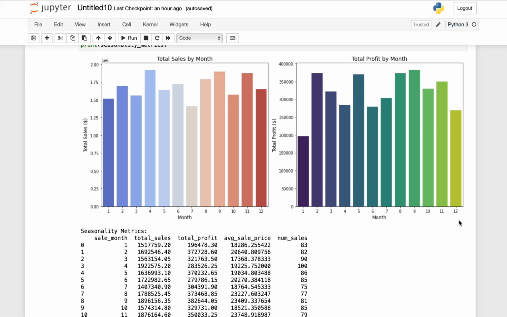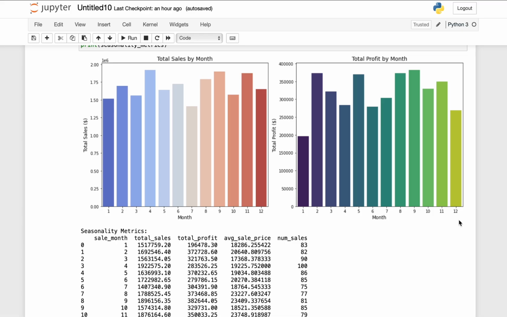And then also, when we're talking about slow months, we could identify the months with lower performance and investigate potential reasons such as a lack of campaigns, reduced inventory, or external factors such as economic trends.